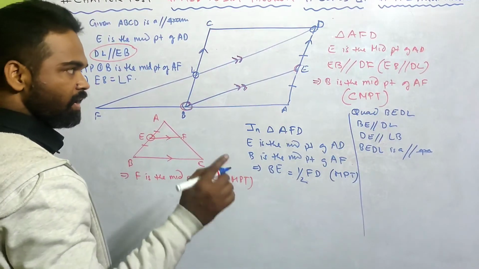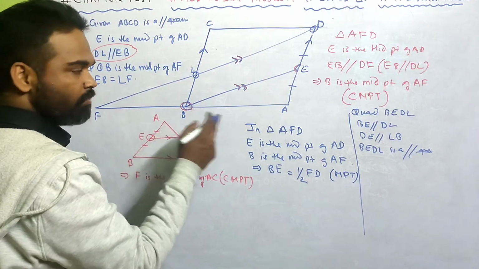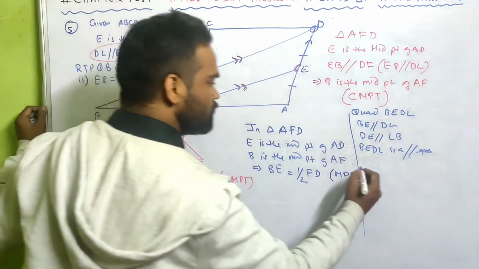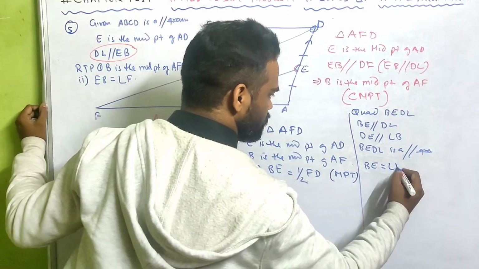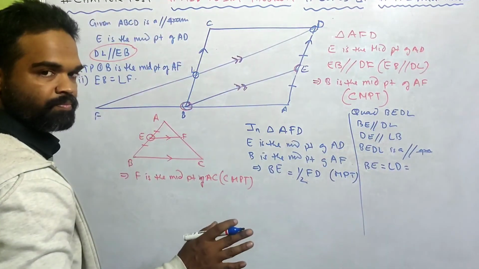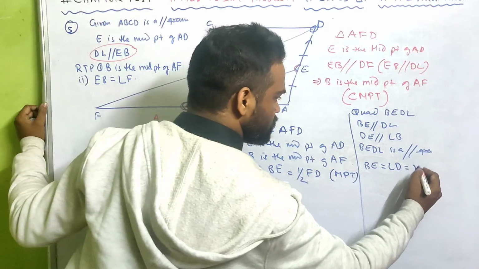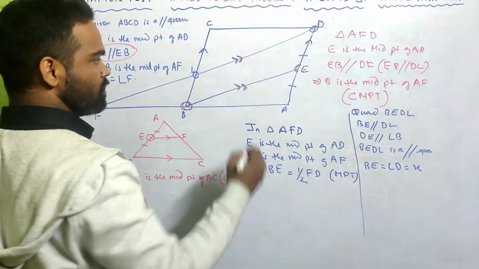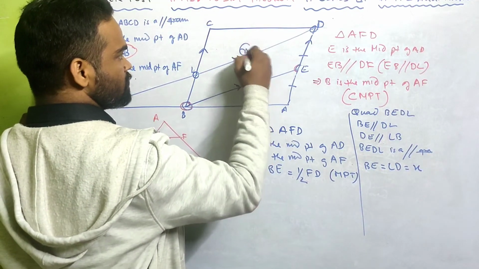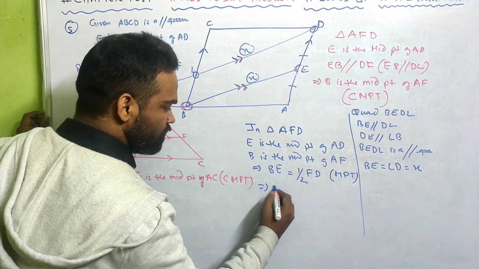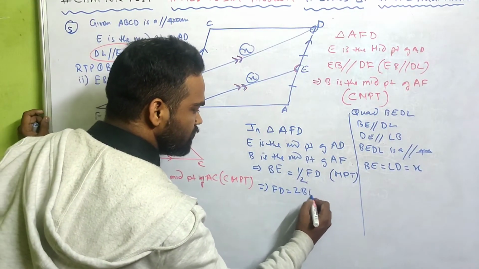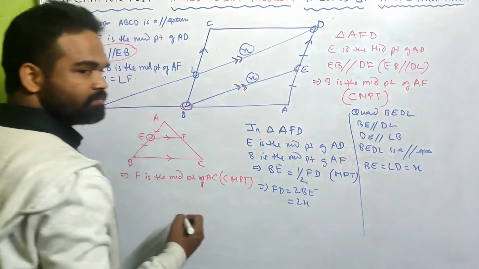Yes or no? And if it's a parallelogram, the opposite sides are equal. So BE is equal to LD. Suppose x. So this is x, this is x. What will be FD? FD will be twice of BE, which is 2x.